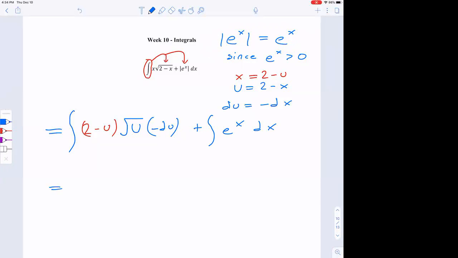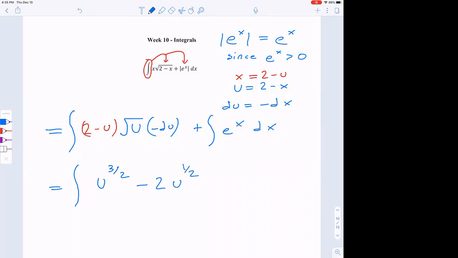Okay, so maybe we'll do one cleanup phase before we actually take our integral. So let's multiply in a minus u to the power of 1/2. So that would give me a u to the power of 3 over 2 minus 2u to the power 1/2.